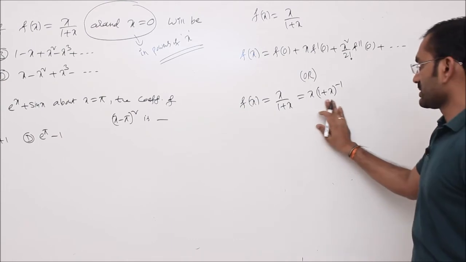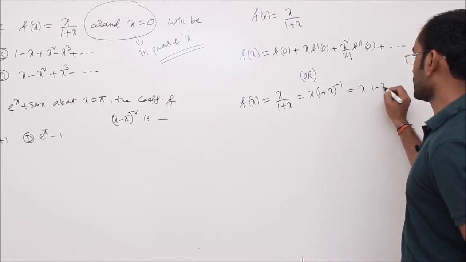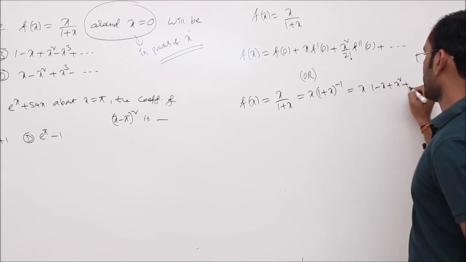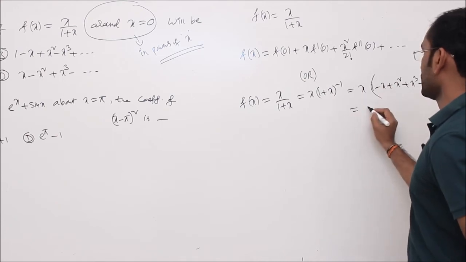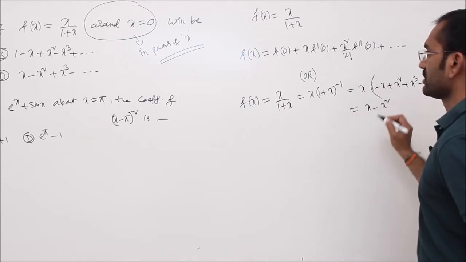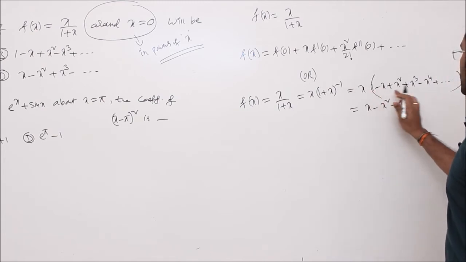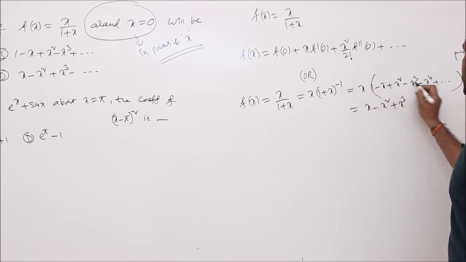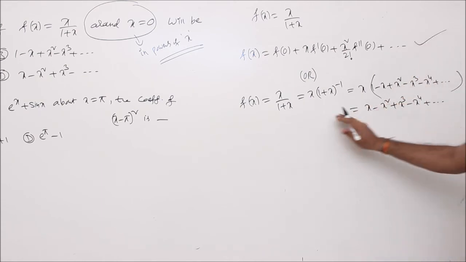Now we know that the expansion of (1 plus x) whole power minus 1 is 1 minus x plus x square minus x cube plus and so on. So multiply, you will get x minus x square plus x cube minus x power 4 plus and so on. So we can go for this formula or we can apply this method.